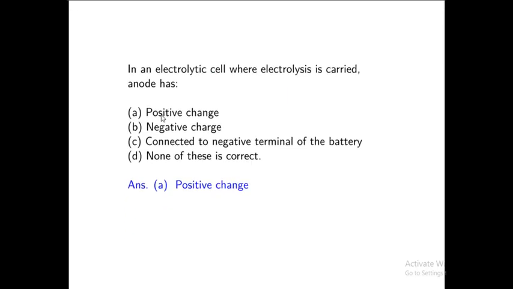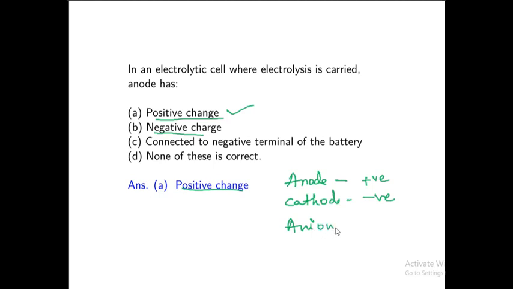The answer is positive charge. Here we have to remember: anode is positive charge, cathode is negative charge, anion is negative charge, and cation is positive charge. If you remember these things, you will understand anode, cathode, anion and cation.